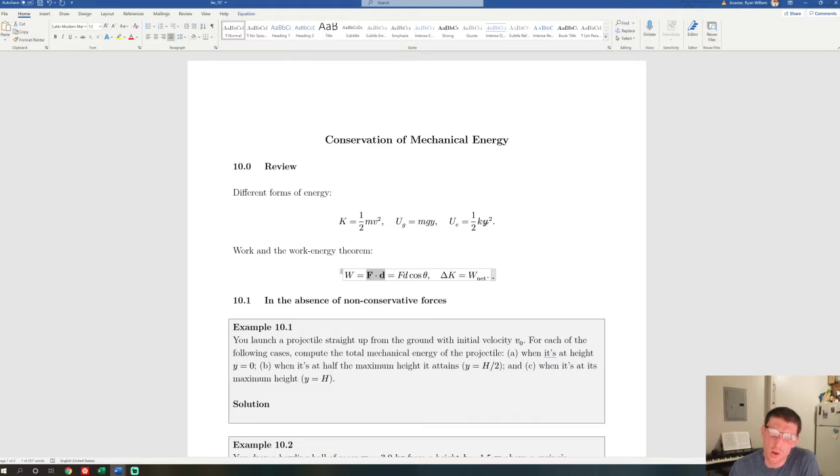I've also been a little fast and loose with differentiating between this being a displacement vector, or, well, it is a vector, right?